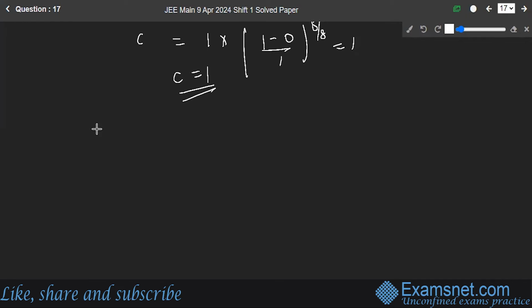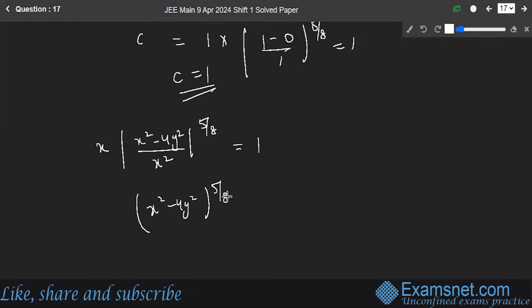Now your equation becomes x into ((x squared minus 4y squared) upon x squared) raised to power 5 by 8 is equal to 1, right? Or (x squared minus 4y squared) to the power 5 by 8, and this will have x to the power 5 by 4 and minus 1.